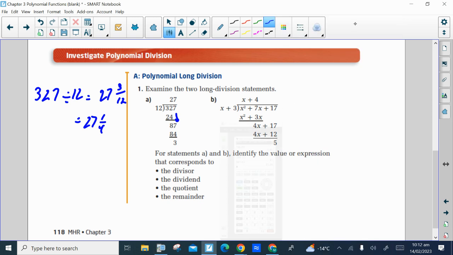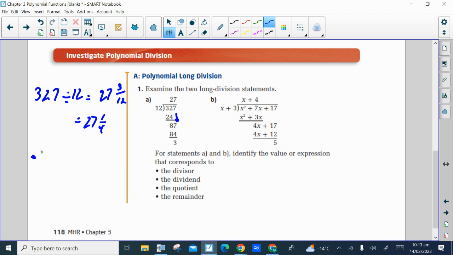Okay? Now, it also asks us to state the divisor, the dividend, the quotient, and the remainder. So the divisor is what you're dividing by, in this case 12. 12 is being divided into 327.